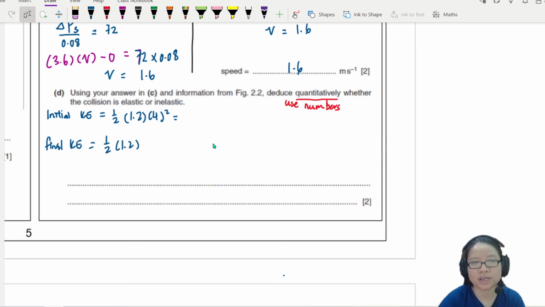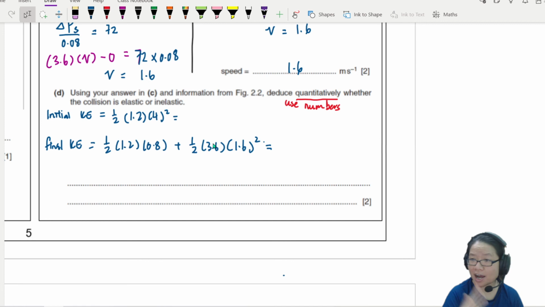1.2 is now moving at 0.8 meter per second, but the 3.6 kg is also moving. Is it 3.6? Yes, 3.6 kg, moving at 1.6 meter per second. So we find both values of kinetic energy and we compare them. 0.5 times 1.2 times 4 squared.